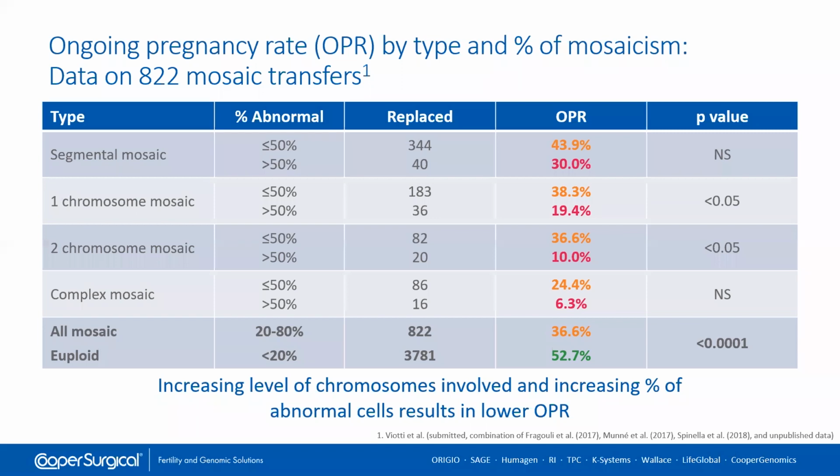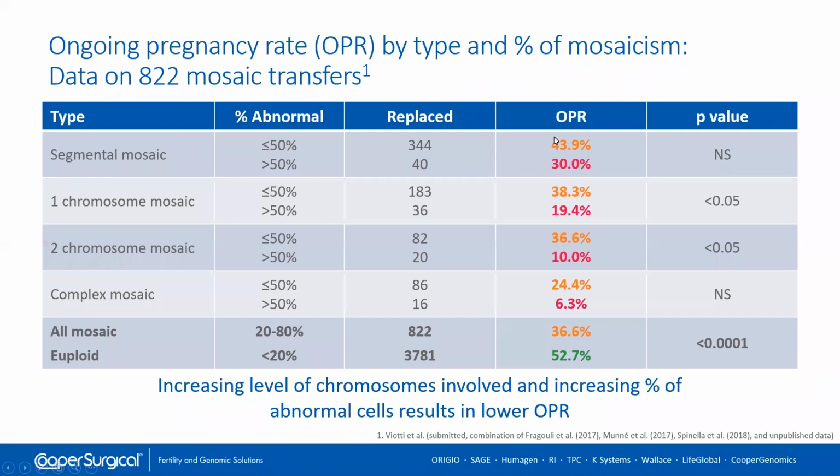This level of data is starting to allow us to really pick out the different types of mosaicism and outcome. For this particular data, they've used a 50% cutoff for mosaicism as against our 40%, but what they clearly showed was there is a step change in the outcome depending on the mosaic load for most of these types of mosaicism.